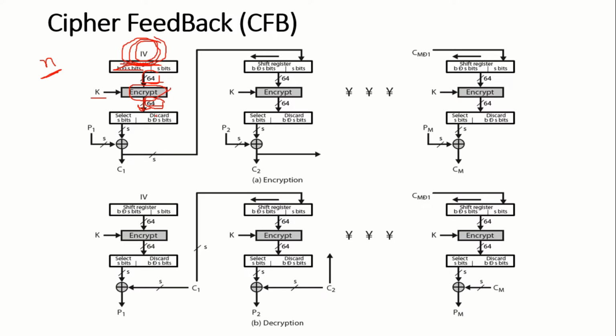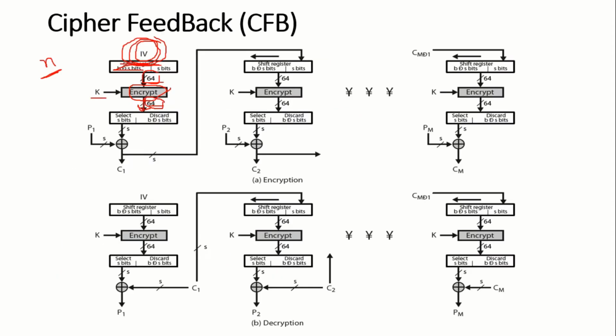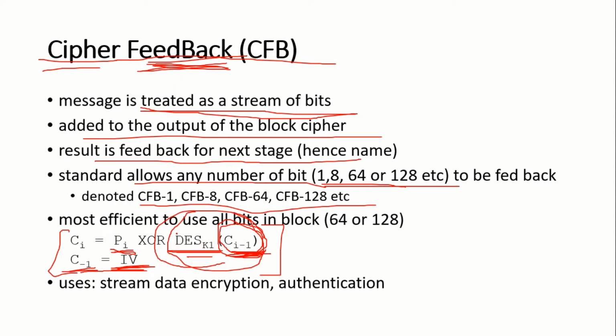Now we are done with this part of the expression. So we have encrypted the previous cipher block, and in the case of the first plain text block, we have encrypted the initialization vector, which is n bit long. Now we have to perform this XOR operation with the plain text.